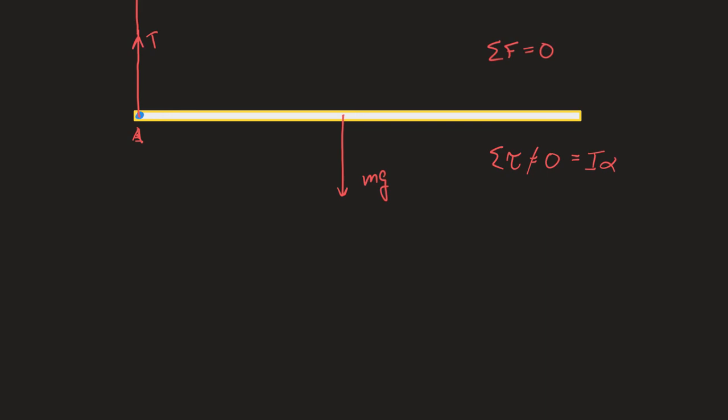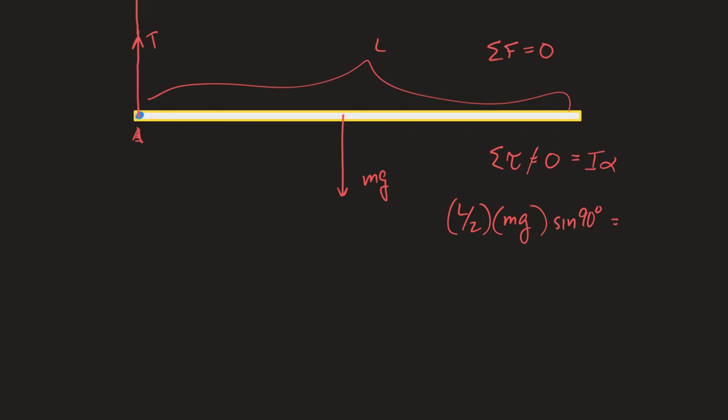Of course, there's every reason to believe that you guys could probably do this. If this is length L and the torque arm is L over 2, size of the force is mg, sine of 90 degrees. That's the left side of torque.